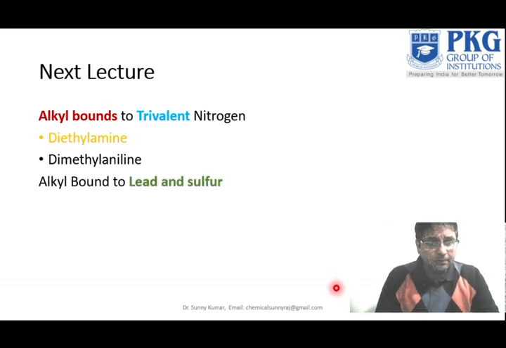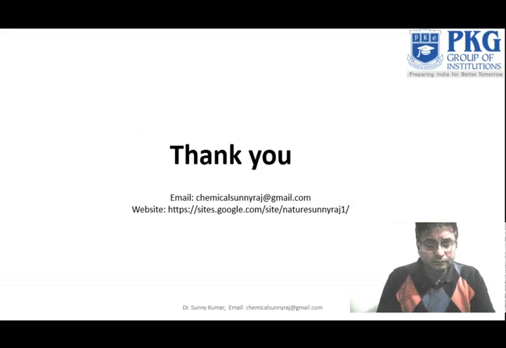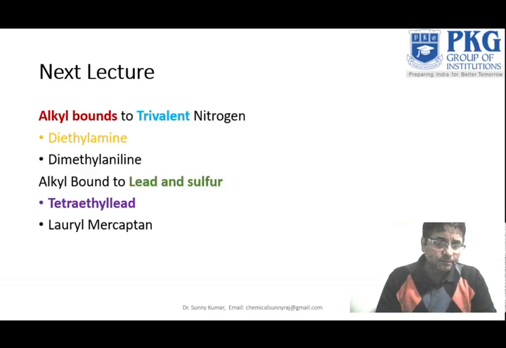And alkyl bound to lead and sulfur we will discuss, and tetraethyl lead, and lauryl mercaptan, a very important compound which is used for detecting leakage in a gas cylinder. So this is also a very good component. These are the things we will discuss in the next lecture.